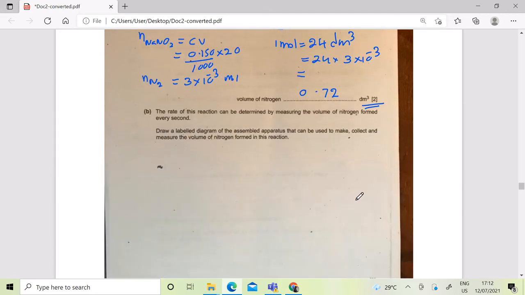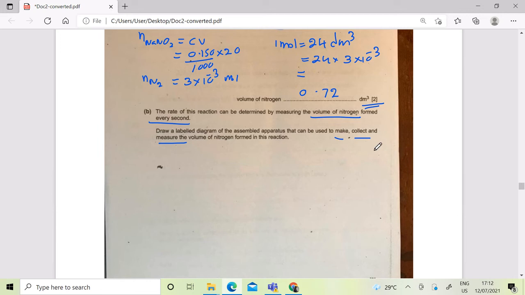Going to the next one. The rate of this reaction can be determined by measuring the volume of nitrogen every second. Draw a labelled diagram of the assembled apparatus that can be used to collect and measure the volume of nitrogen formed.